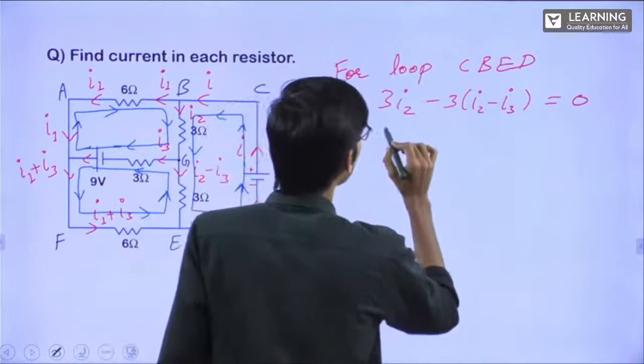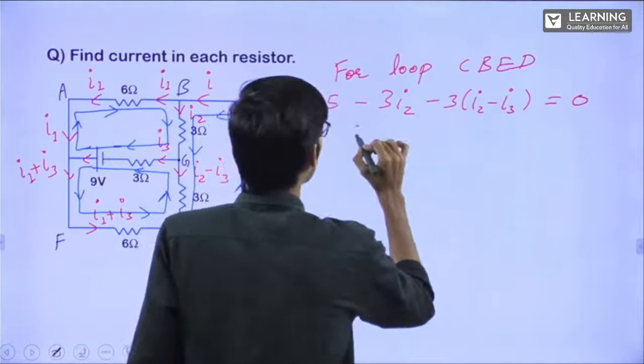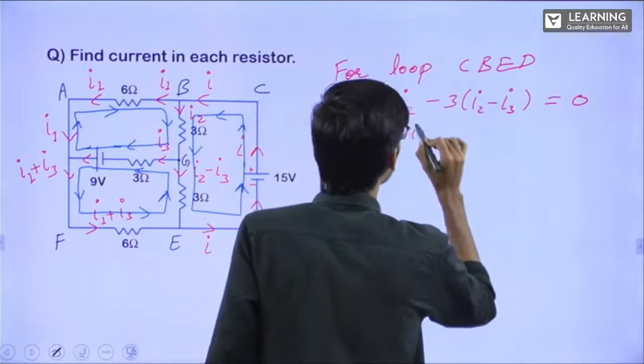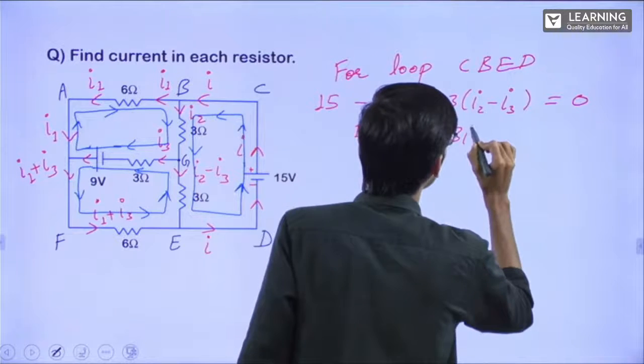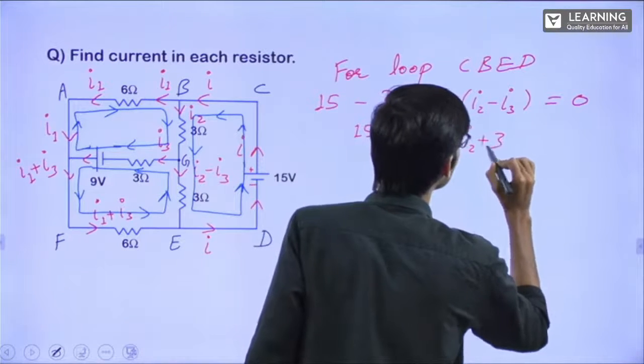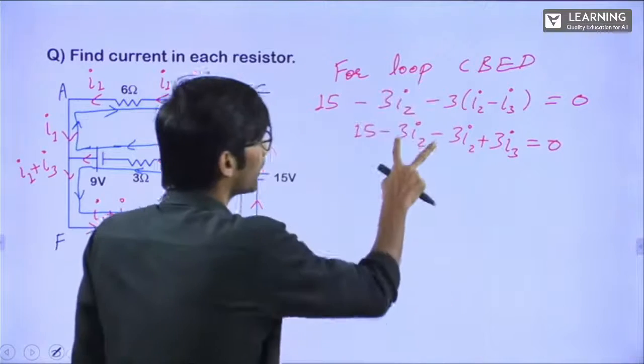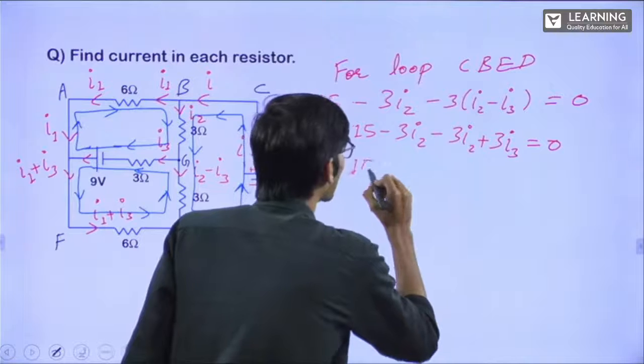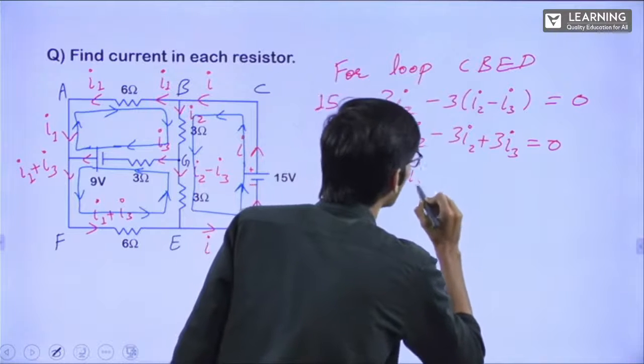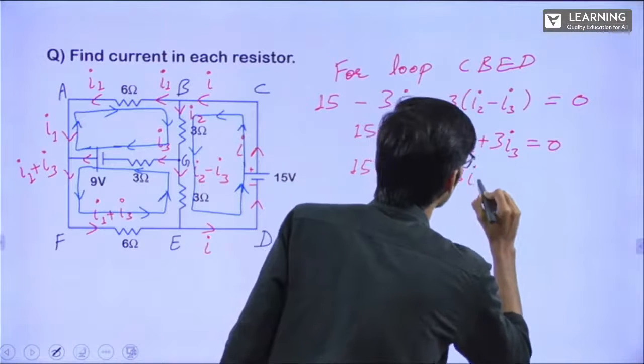Now here I can write it as, see, 15 minus 3I2 minus 3I2 plus 3I3 is equal to 0. This will be 15 minus 6I2 plus 3I3 is equal to 0.